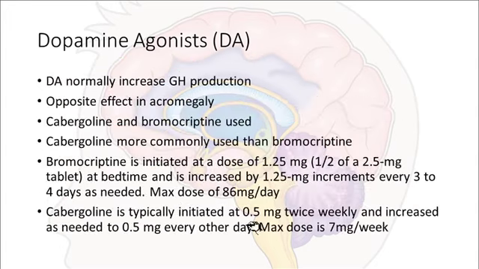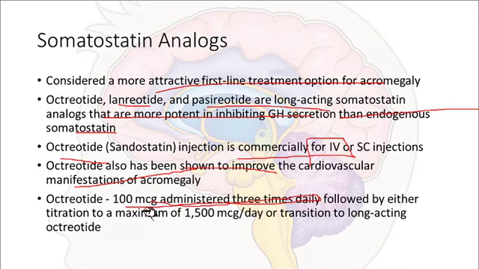Usually octreotide is started at 100 micrograms, administered 3 times a day, titrated upwards to a maximum dose of 1500 micrograms per day, or a transition to a more long-acting version of octreotide as required.